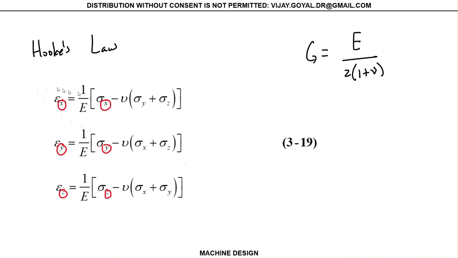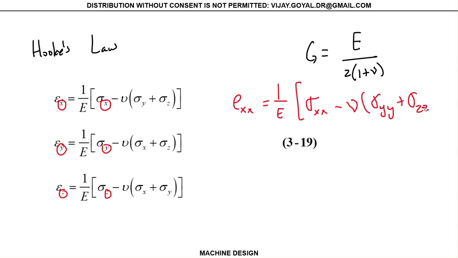If you want to keep this in the notation that I am using when I'm doing these exercises, I typically tend to write epsilon XX, but that's with a small x. This is their notation. Instead of sigma XX, they write a simple x minus nu times sigma YY plus sigma ZZ. So if you're going to write in your notes, you're welcome to write it like this, or you're welcome to write it like this.